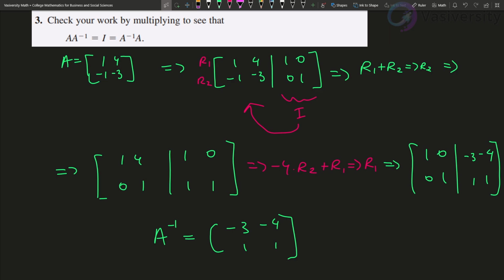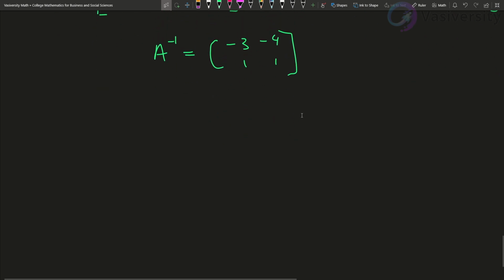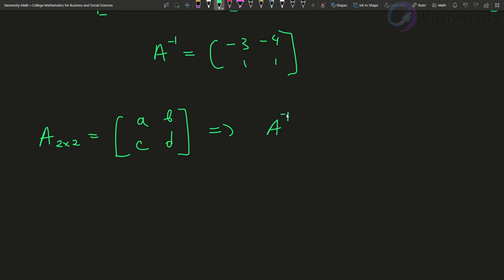Okay, so the inverse of a 2 by 2 matrix is related to the determinant. And the determinant essentially defines if we can have an inverse in general. Because for a 2 by 2 matrix A, if we have it as A, B, C, D, then A inverse is going to be 1 over the determinant times, we're flipping D and A, so it's going to be D, A, and we're flipping the sign of B and C, so it's going to be -B, -C.